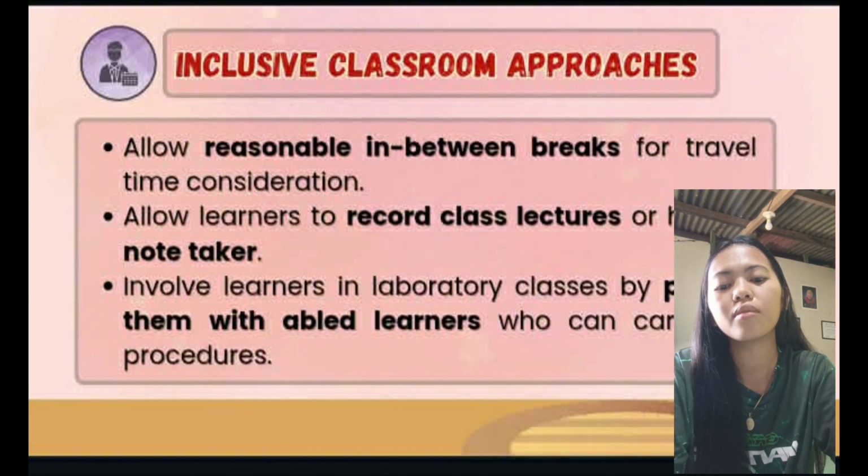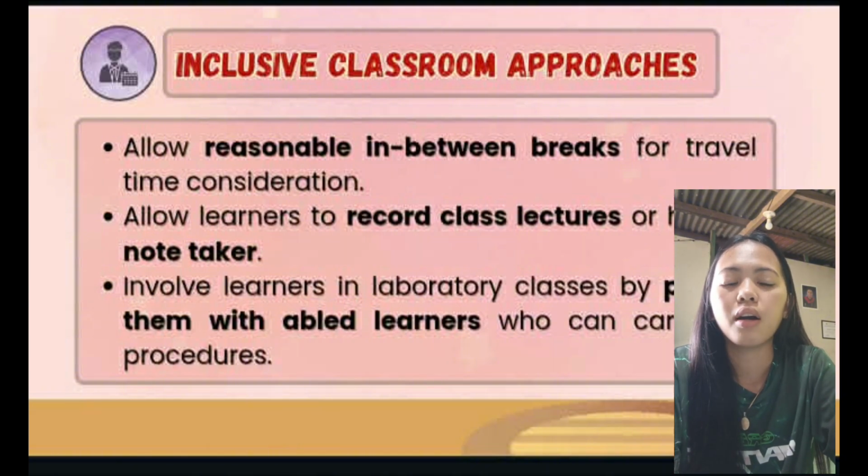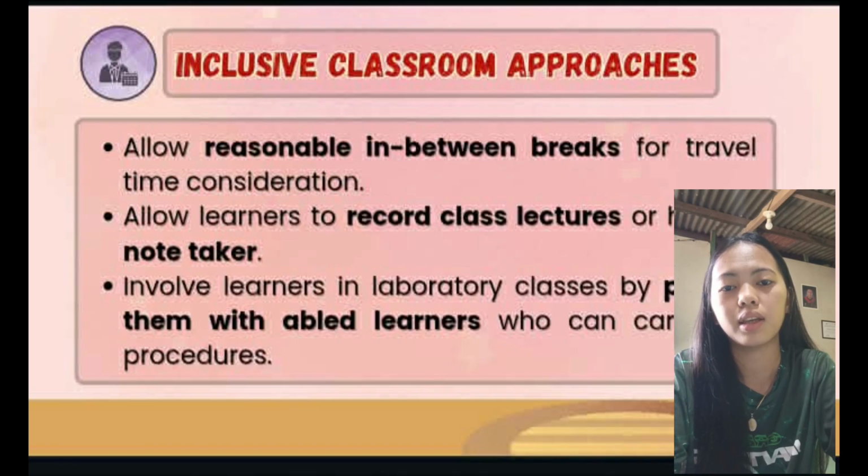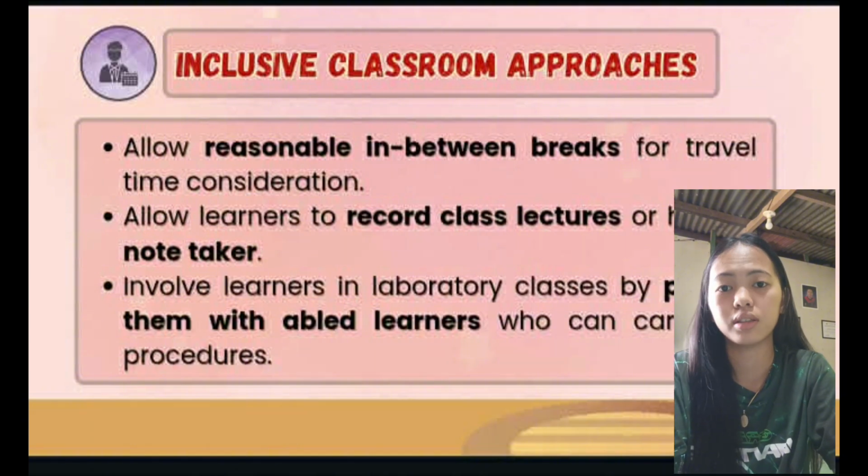Next is pairing in labs. So involve learners in practical classes such as laboratory work by pairing them with able-bodied learners who can safely and easily carry out the physical or manipulative procedure while the learners with disability direct, record data or perform other non-physical tasks. So for now, when we group them into activities, dapat mag-mind ta na kato na learners, dili man jud tanan learners in inclusive education kanang disability sila.